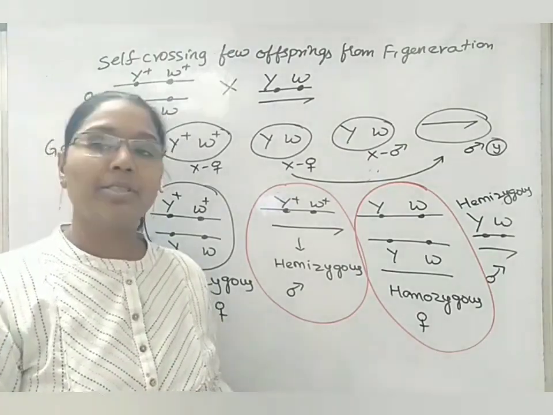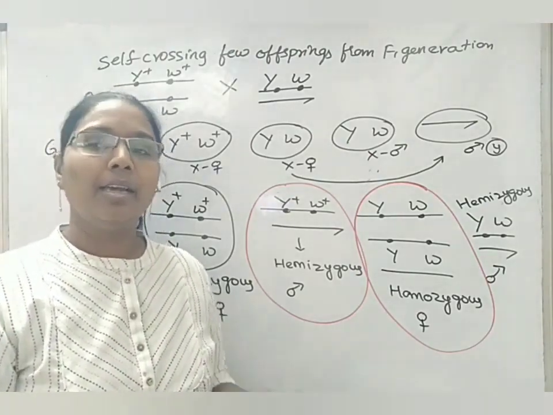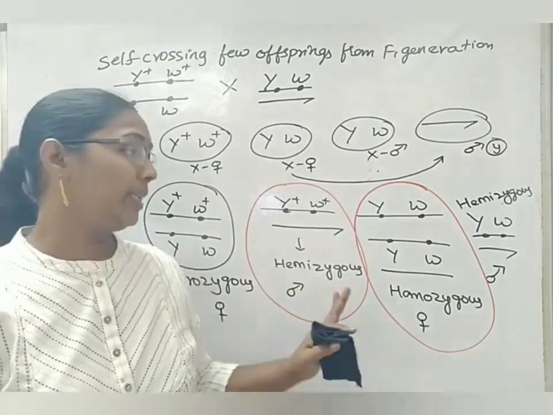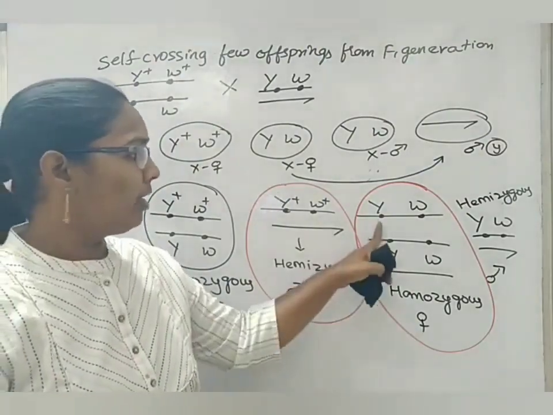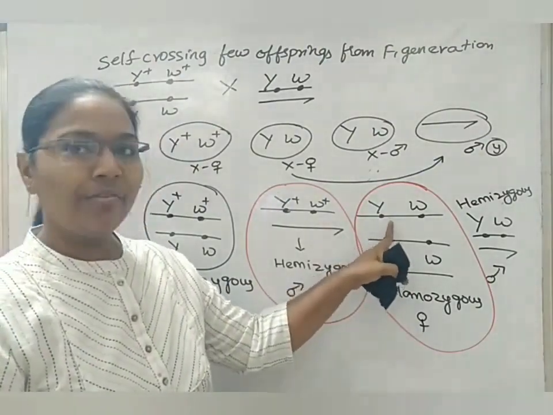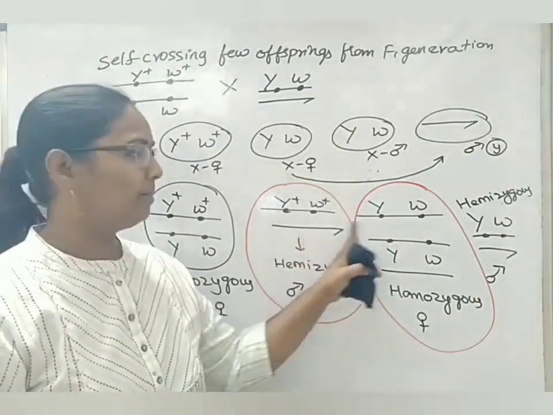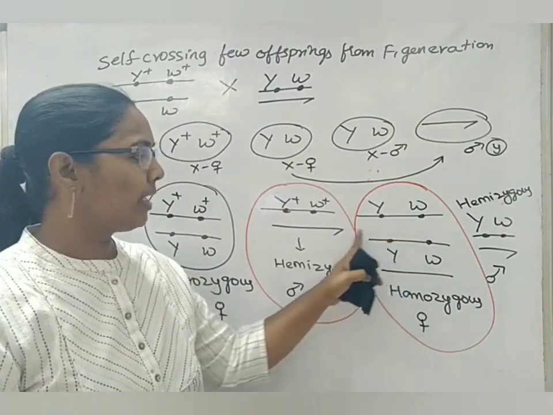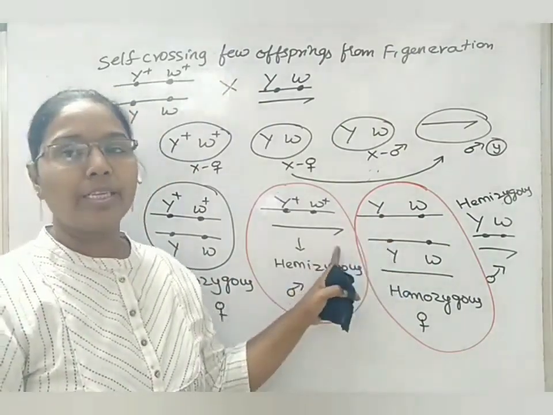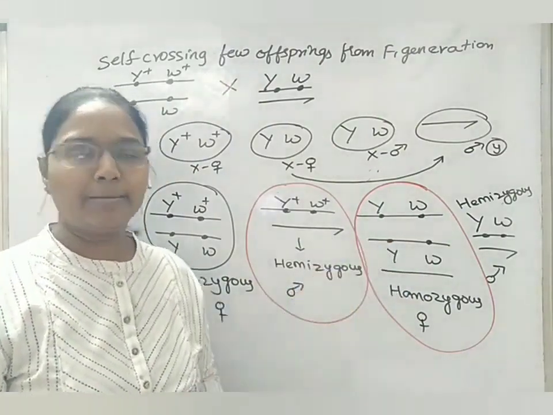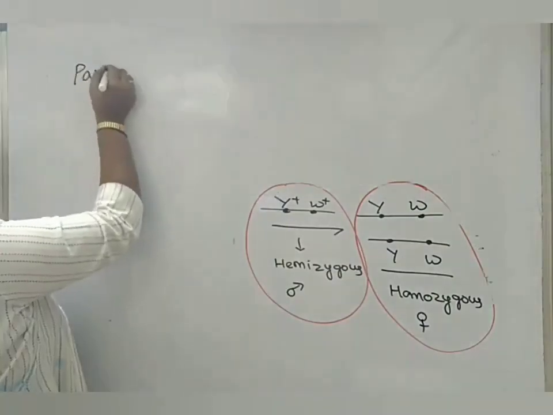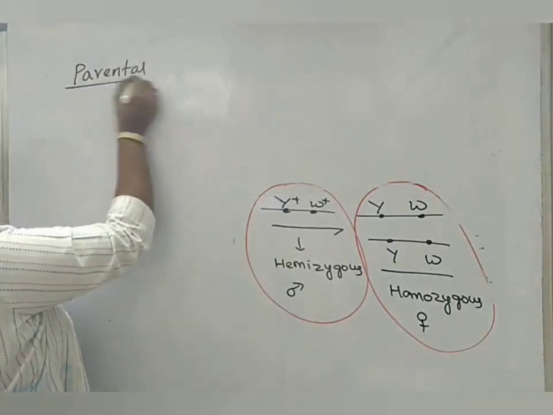Some changes were made in their allele arrangement, and crossing over might have happened. And so we got the white-eyed yellow body female, and the red-eyed one, which naturally exists. So in your NCERT textbook, they have taken the parental combinations from the F2 generation.